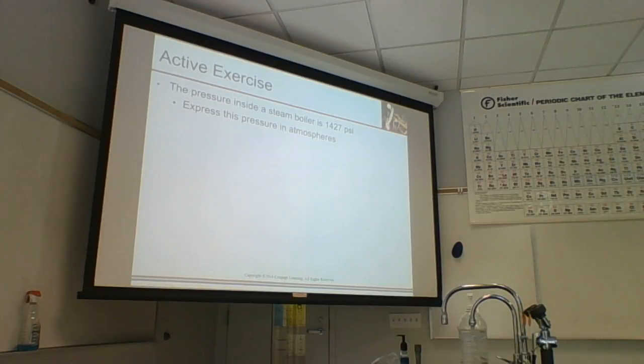But the pressure inside a steam boiler is 1,427 psi. Express the pressure in atmospheres. This is an example of what type of problem? The dimensional analysis problem. Why don't you go ahead and do this calculation and let's see.